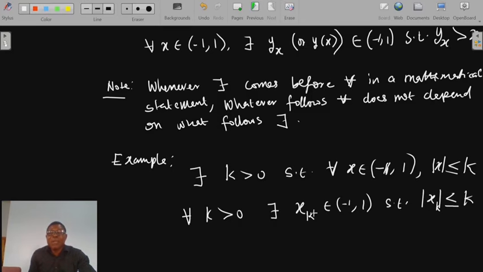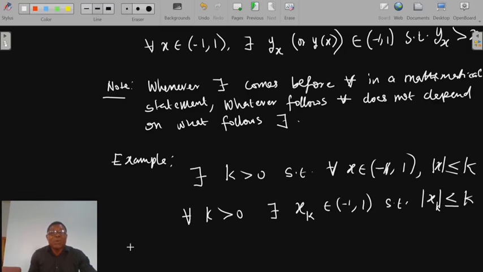Still emphasizing on the fact that there exists and for all, interchanging them in a statement may not necessarily convey the same message. So we have to bear this in mind.